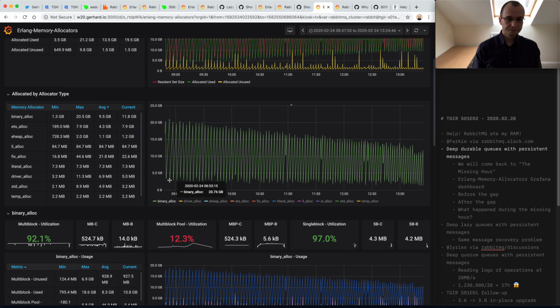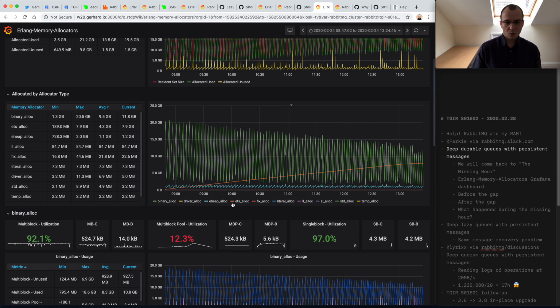So we can see how we have 20 gigabytes at the peaks being used for messages and then released when it's no longer needed. So we can see that the bulk of the memory in the system is used by binaries, which in our case is messages. And actually, in most RabbitMQ nodes, the binary allocator is showing how many messages there are in memory.